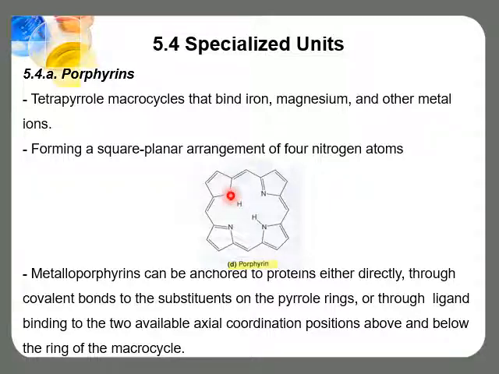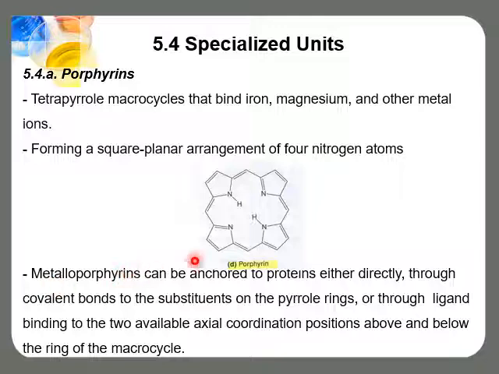Anyway, all the nitrogens have 3 bonds, so there exists 1 lone pair of electrons. And this lone pair can directly coordinate to the central metal ion to give 4-coordination in square planar geometry. Of course, the other 2 ligands can be provided from the atmosphere or from the amino acid residues.